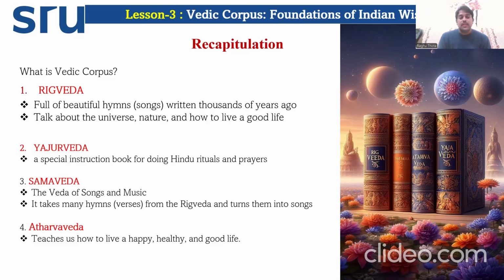Yajurveda is a special instruction book for doing Hindu rituals and prayers. It is a book of rituals and pujas: how to perform the puja step by step, how to perform prayers to God. Everything was explained in a very detailed, step-by-step process, and that Veda is named Yajurveda.